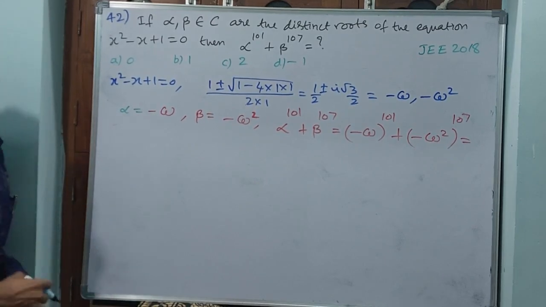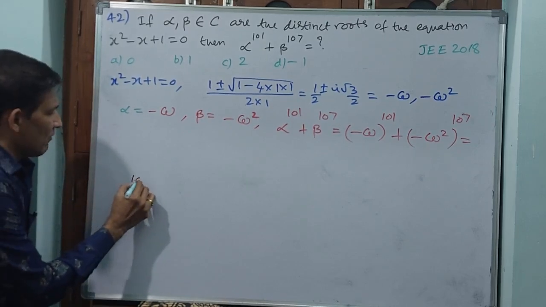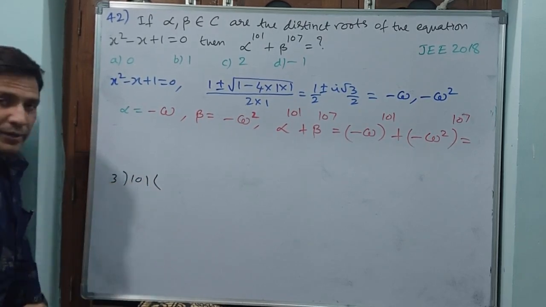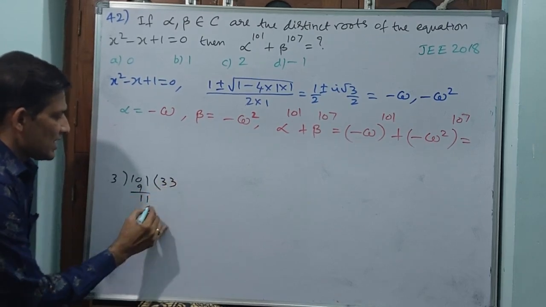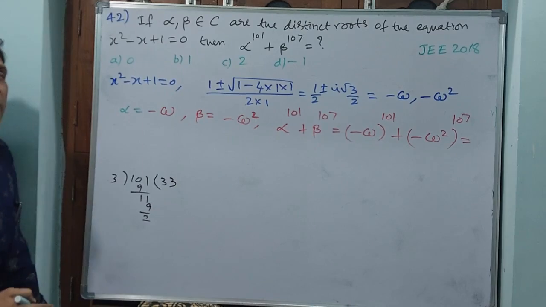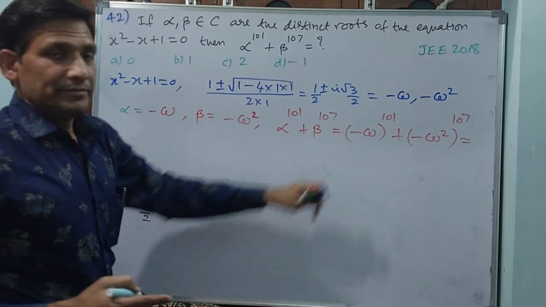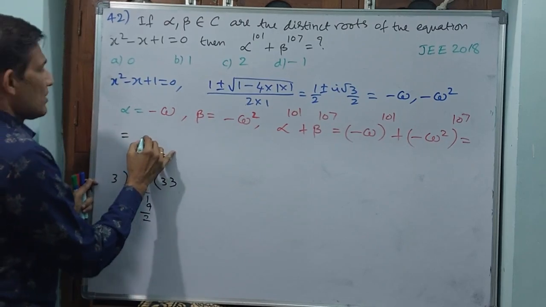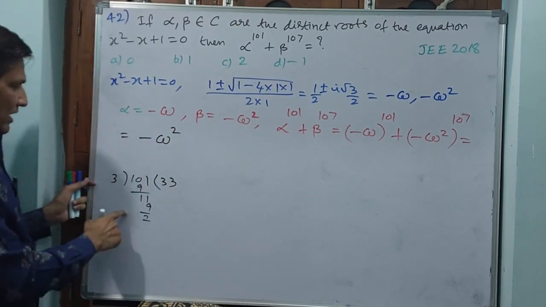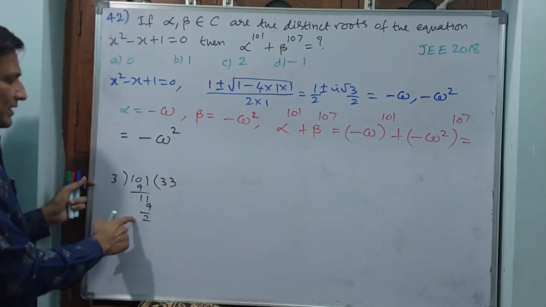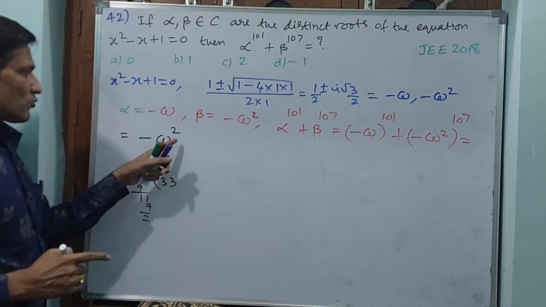See, minus omega to the power of 101 means, you see what I am writing. You observe here. 101 with 3 I am doing. 3 3s are 9, 1 11. 3 3s are 9, that means 2. Omega square will come. But you see, minus omega square. Okay? Why? Because 101 means 33 times 99, 2 will come. 2 will be your remainder, it is going to become the power.